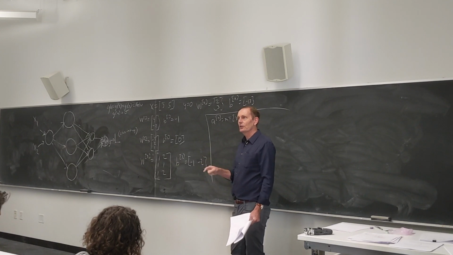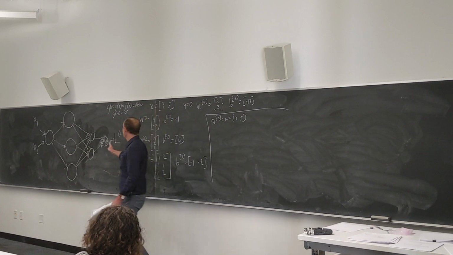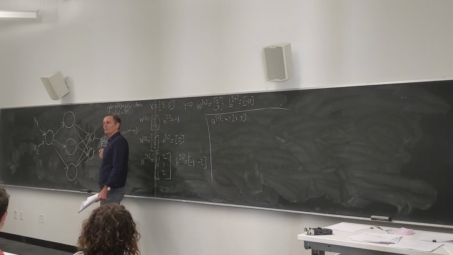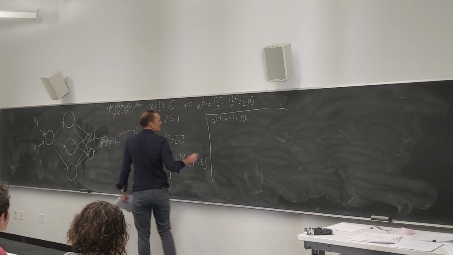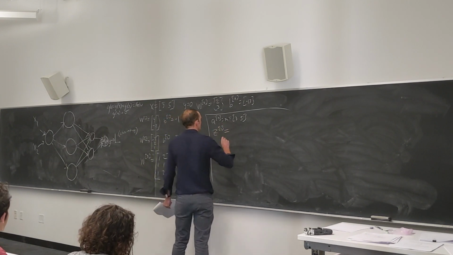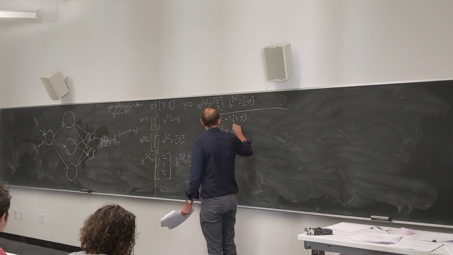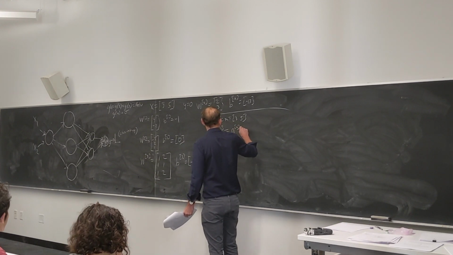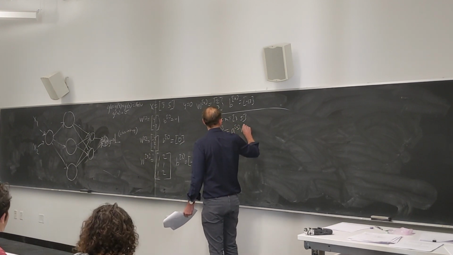A1 is good, but we need something before A1 because A1's on the right-hand side of the node. Oh, sorry, Z1. Yep. So Z1 equals A0 matrix multiplied with W1.